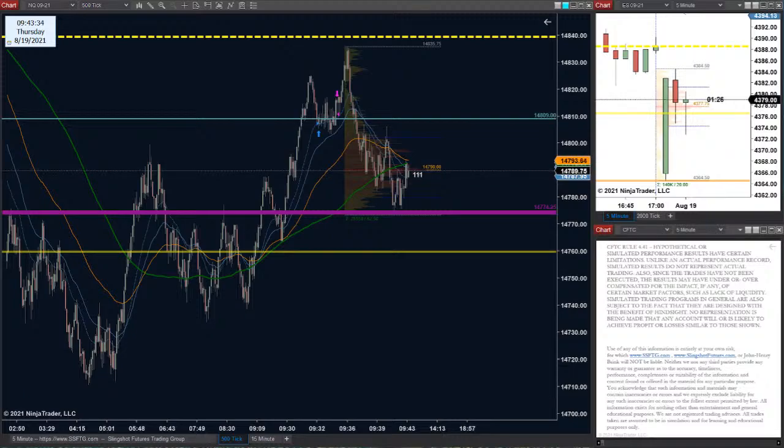POC still just bumping around 14,790s now. Starting to look a bit more bearish, though, I gotta say. What do they do here? There we go. Now we're getting some proof.